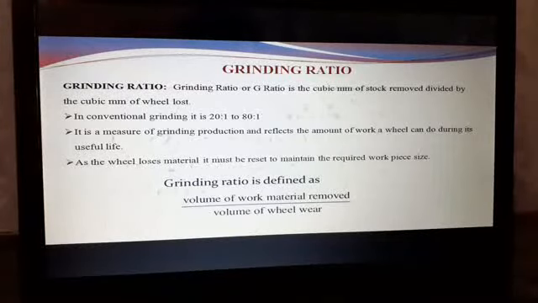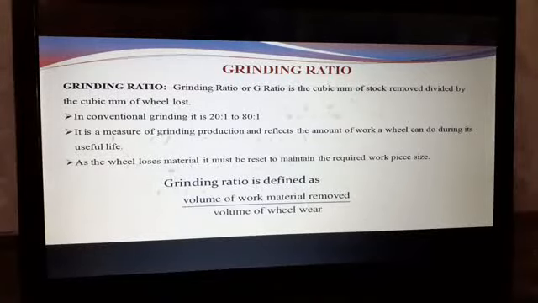So here we define the ratio of material removal to wheel wear. Okay, so we define it particularly as a ratio, and that is in cubic mm: cubic mm of material removed from the stock, that means workpiece, and cubic mm of wheel lost, that is wheel wear.